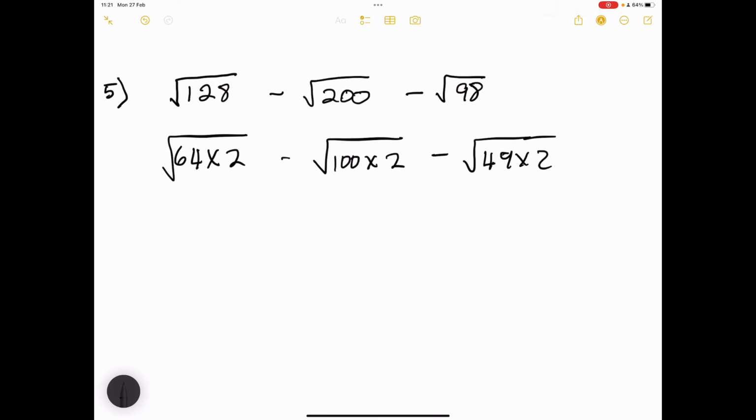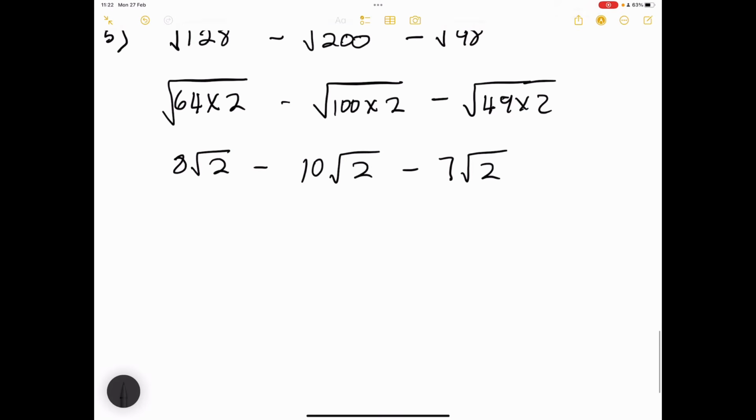Okay, so in this case, all of them perfect squares, 49, 100, and 64. So this would be 8 root 2 minus square root of 100 is 10 root 2 minus 7 root 2. Square root of 49 is 7. So in this case, I've got 8 minus 10, which would be negative 3 root 2.